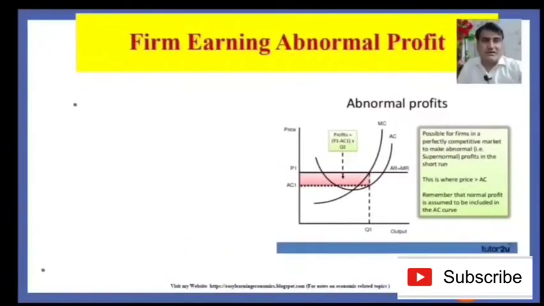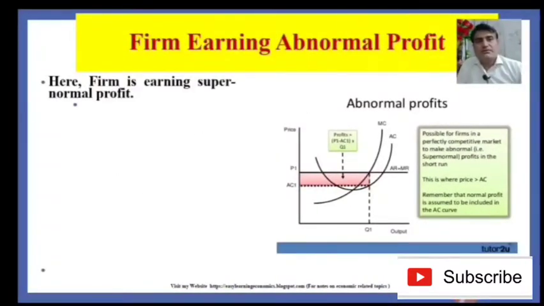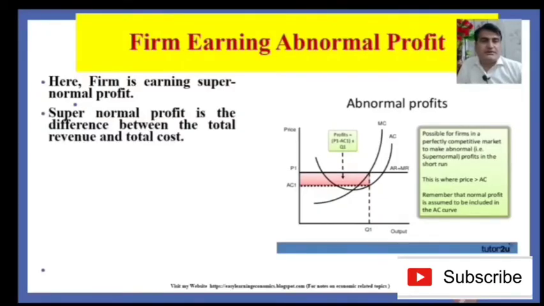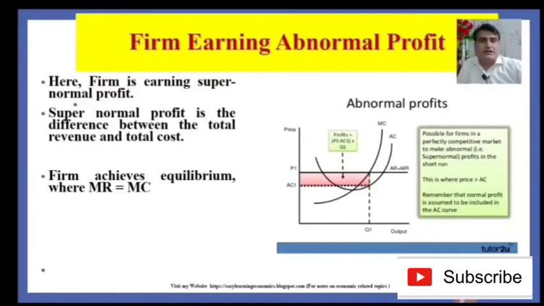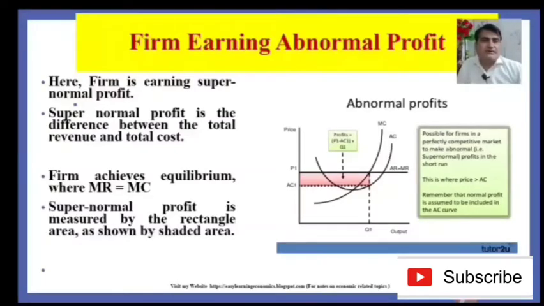So here we can say that the firm is earning supernormal profit, and supernormal profit is the difference between the total revenue and total cost. The firm achieves equilibrium where marginal revenue is equal to marginal cost, and supernormal profit is measured by the rectangle area as shown by the shaded area.